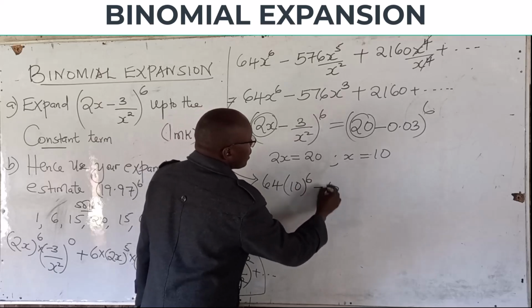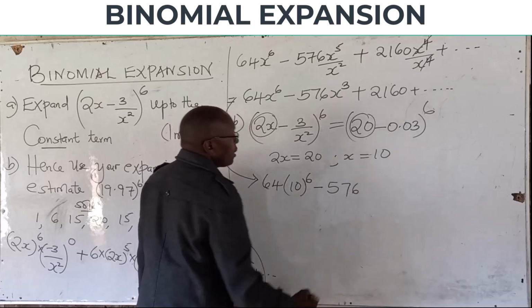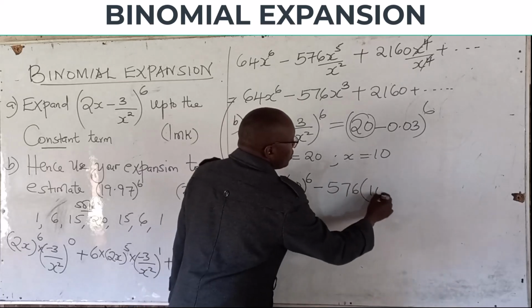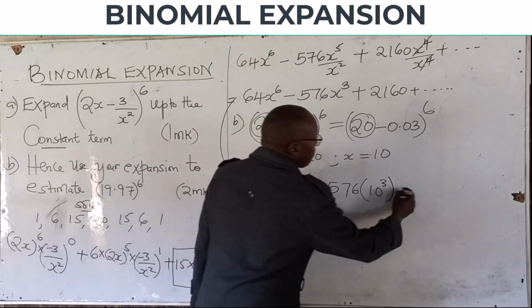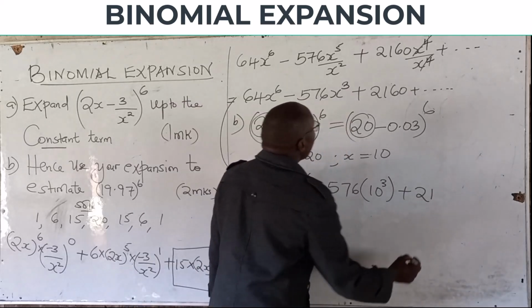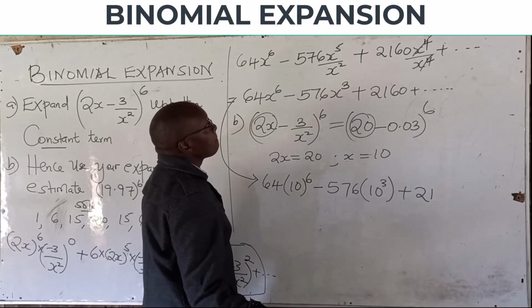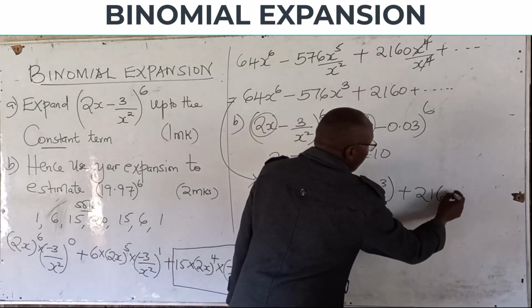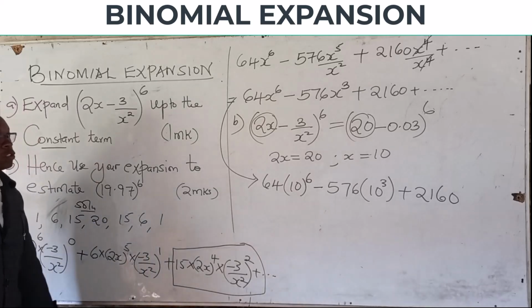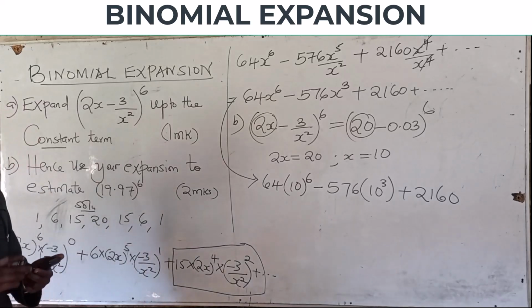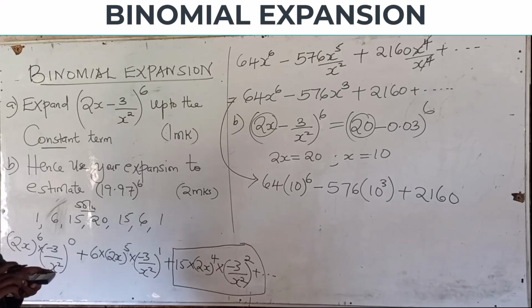Then subtract 576 x cubed, that is 10 cubed, like that. Then plus 2160. Use a calculator for this one.